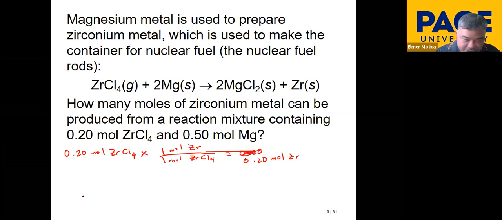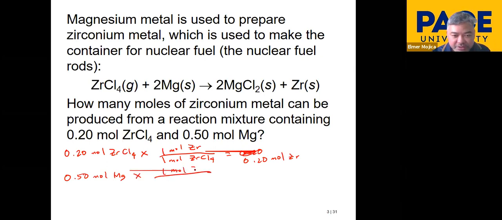Then I do the same thing with magnesium. For every 1 mole of zirconium, I need 2 moles of magnesium. So this will be only equal to 0.25.